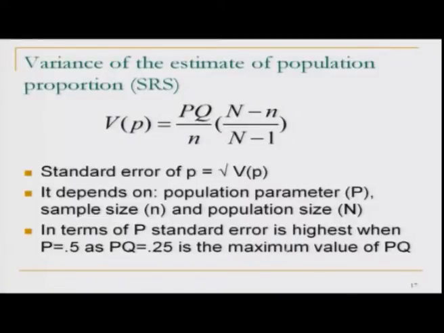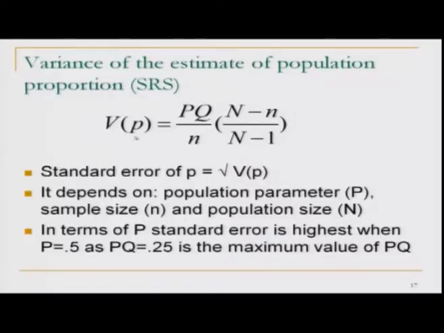For very large populations, this N minus small n divided by N minus 1 may be equal to 1, it may be ignored, and the variance of P reduces to PQ by n. I was telling that estimates of everything in sampling theory are made from sample data.